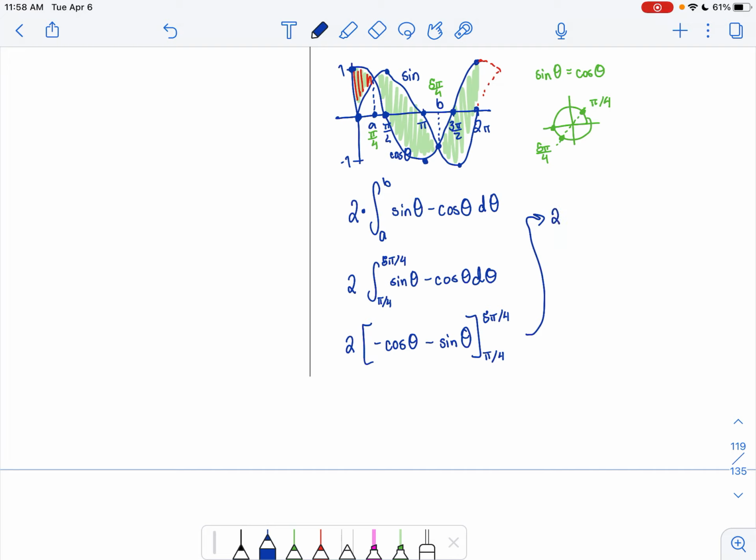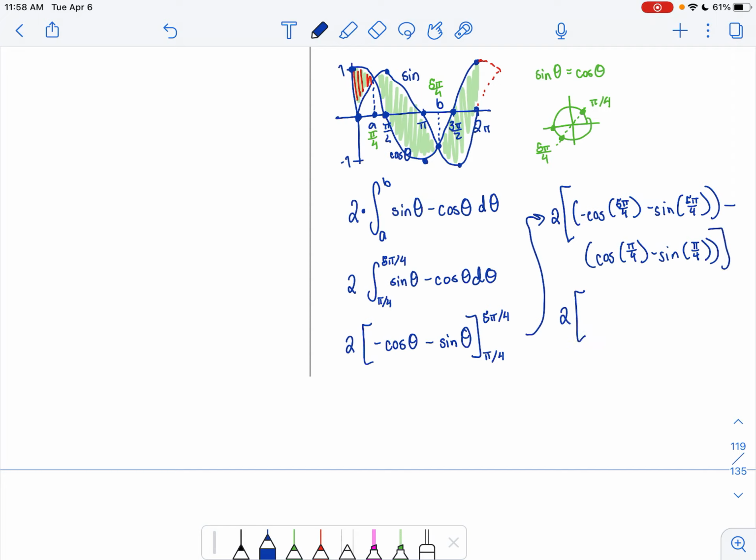Plugging in those bounds, we get 2 times negative cosine 5 pi over 4 minus sine 5 pi over 4, minus negative cosine pi over 4 minus sine pi over 4. Using our unit circle here, we know that these will become root 2 over 2 for all terms.